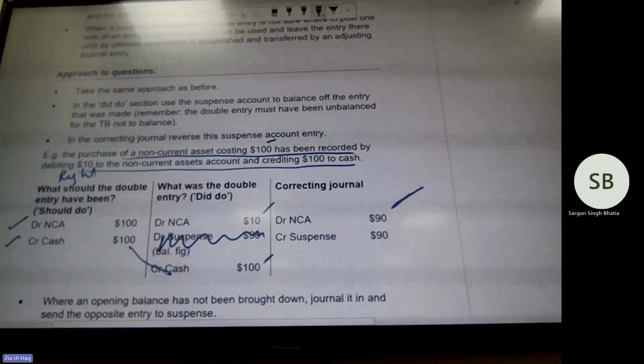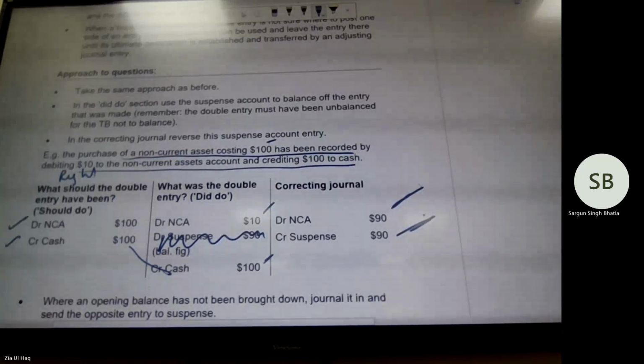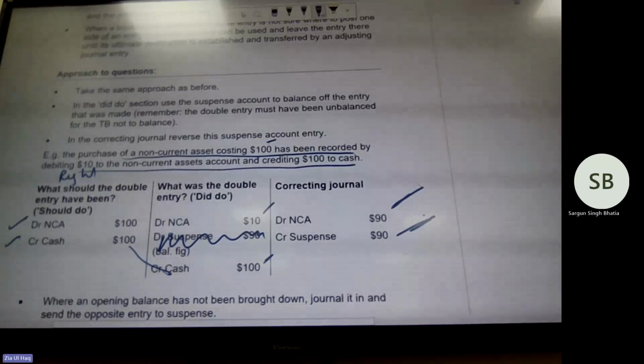So we will record the suspense account with 90. Where debit and credit are not tallying with each other, they are not the same figure, then the difference will be called the suspense account.